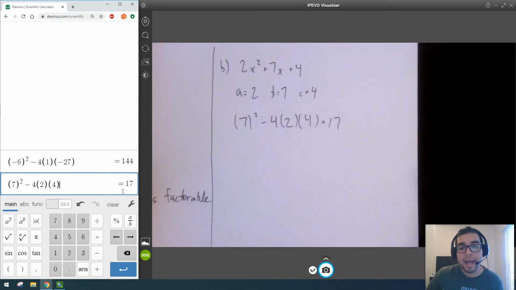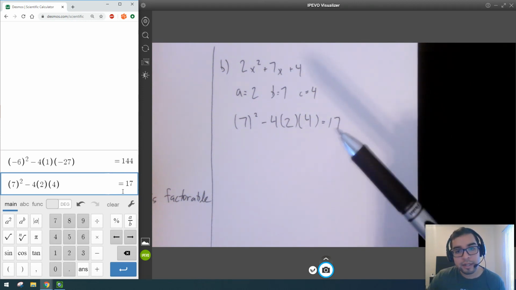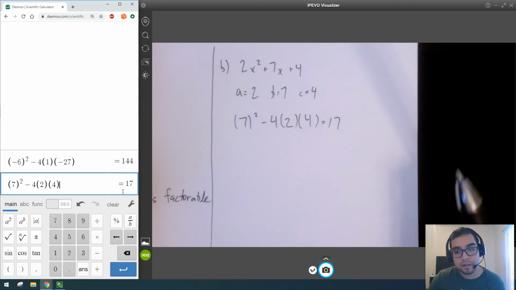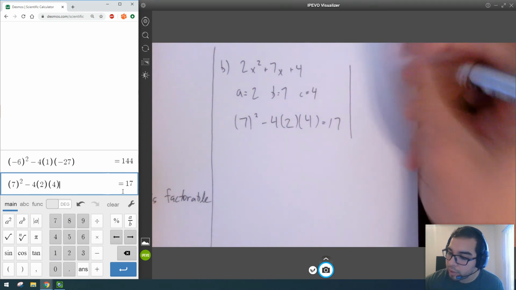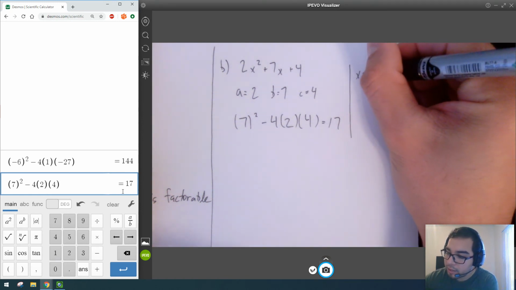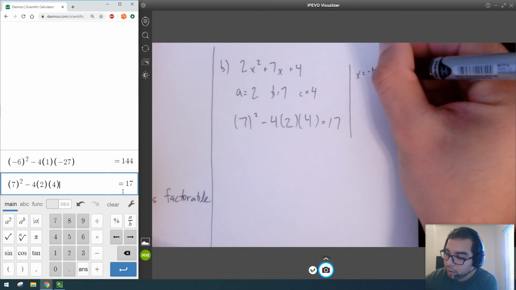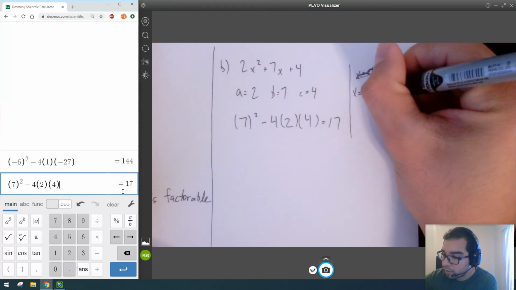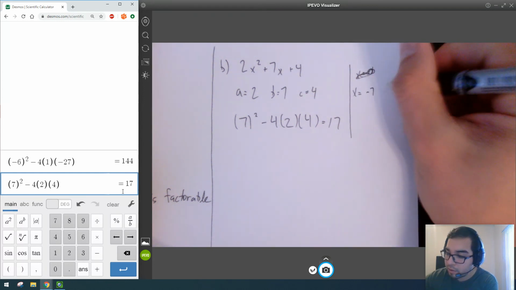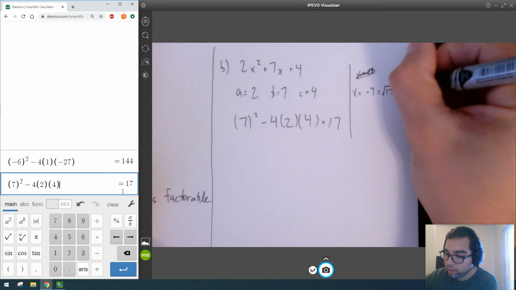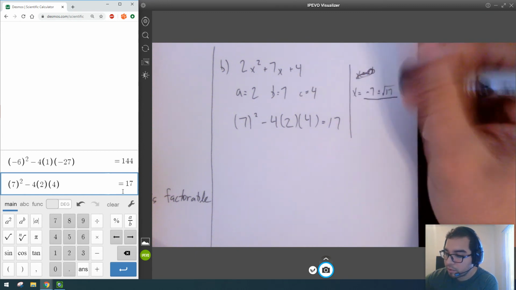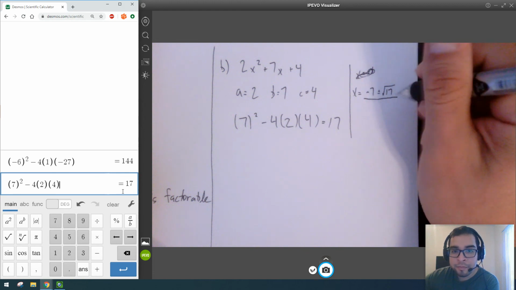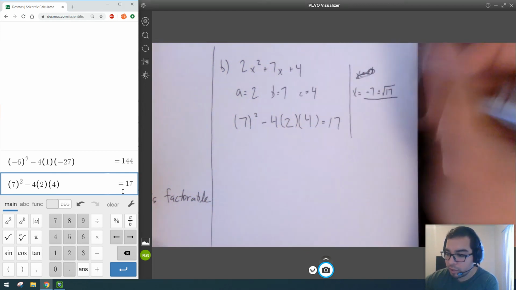If we take a look at this square root of 17 and what it would look like in the context of our quadratic formula, x would equal the opposite of b, which is negative 7, plus or minus the square root of 17, all over 2 times 2, which is 2a, which is 4.